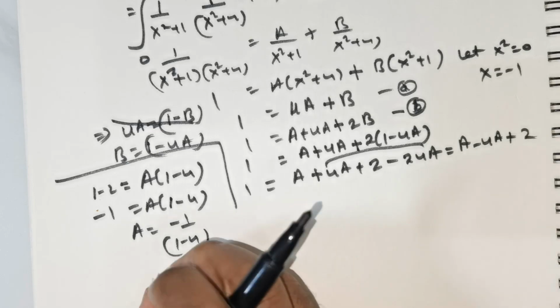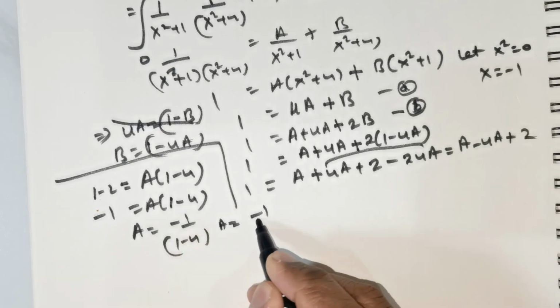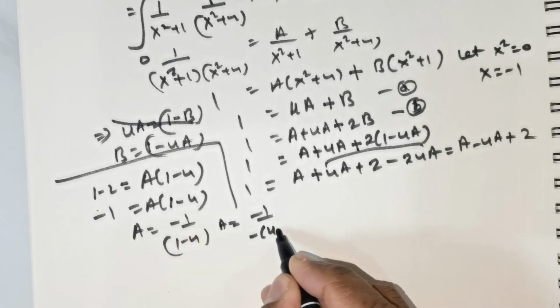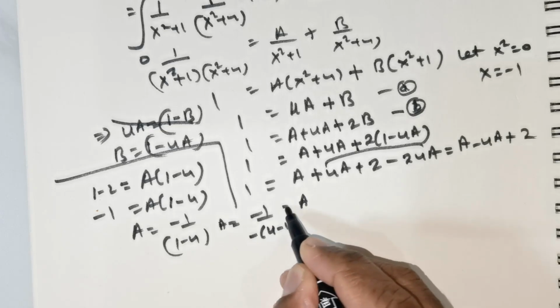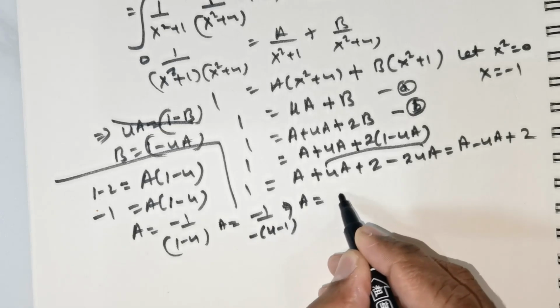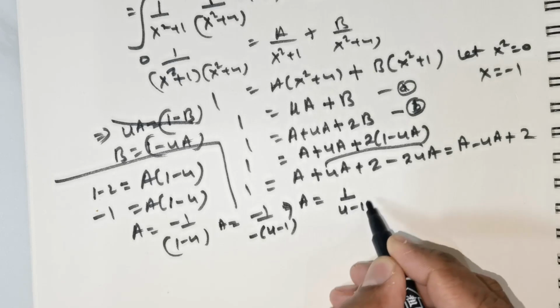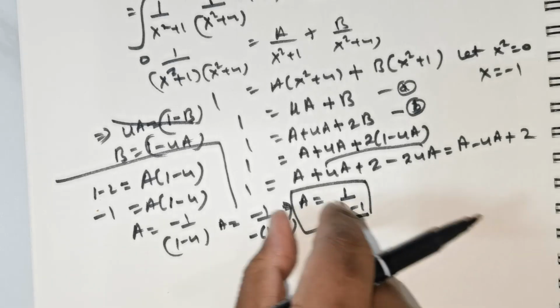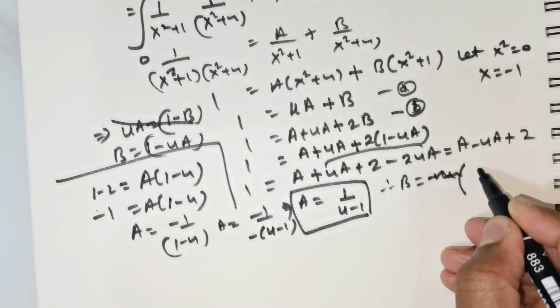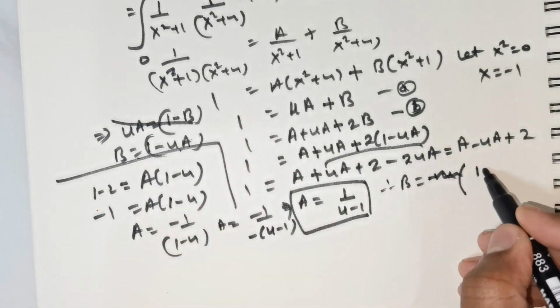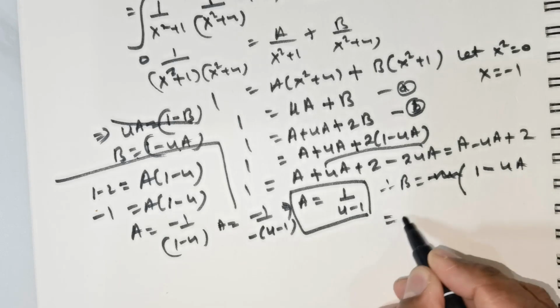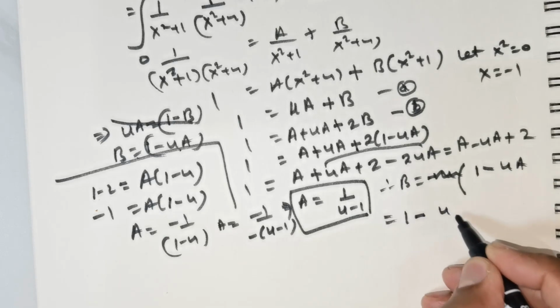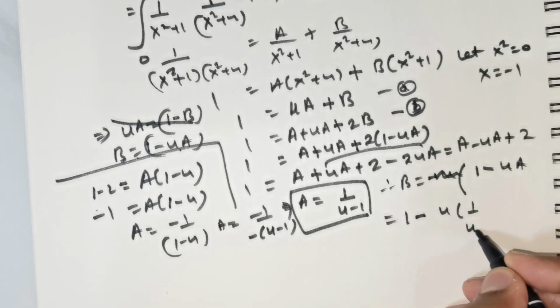Now I can flip this quantity, minus 1 over minus of u minus 1. So a is equal to 1 over u minus 1. So I got a value for a. Take the value for a and substitute it in b. Actually, 1 minus ua, so 1 minus u times a. This is equal to 1 minus u times 1 over u minus 1.